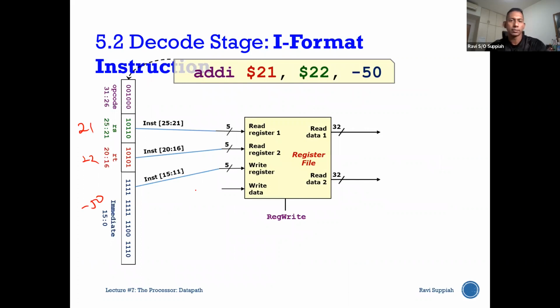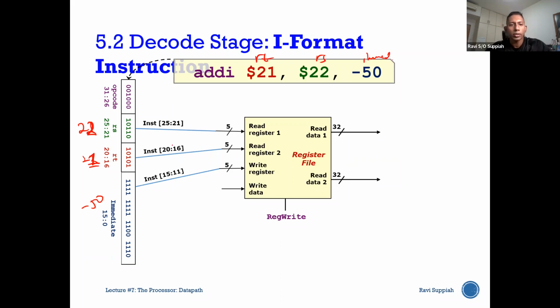Does it make sense? It doesn't make sense. Here RS is 22 and RT is 21, so this is your RS register, this is your RT, and this is your immediate.